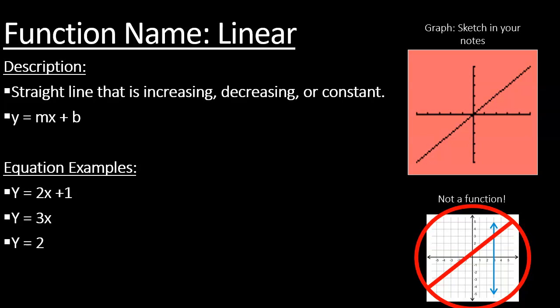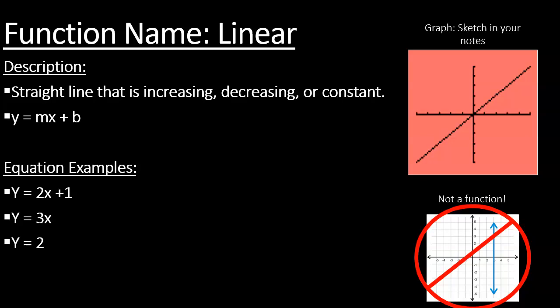In the second box where it says description, so you're going to write going across. Each row is a different function, so each time you're going to move to the right. So in your first box, you write linear, move to the right, and under the description, you're going to copy down straight line that is increasing, decreasing, or constant, and y equals mx plus b.